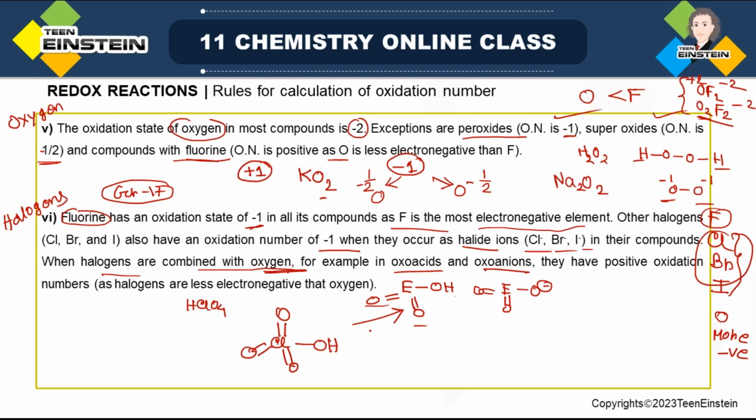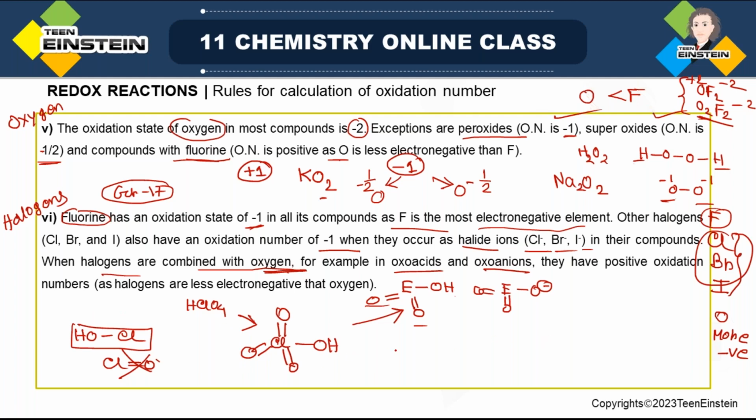So there may not be any E double bond O. Another oxo acid of chlorine I am writing here, which is like this. Here you do not have any Cl double bond O. So this is also an example of an oxo acid, HOCl. Here we have taken HClO4, and this is its structure.